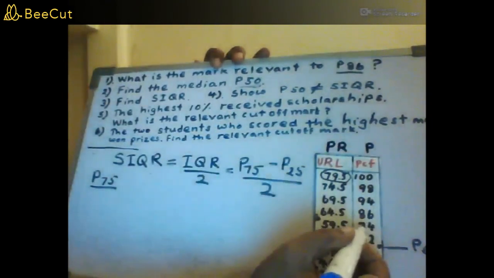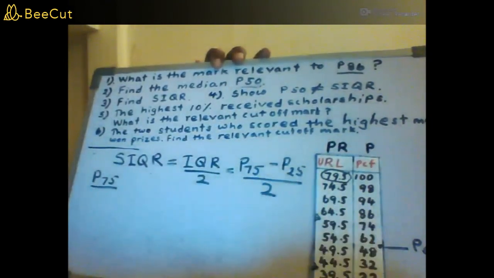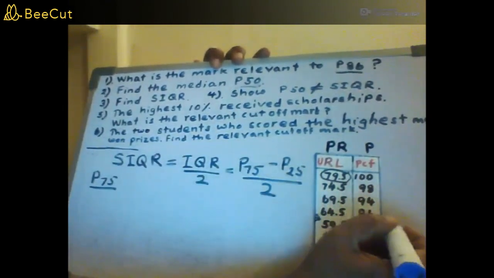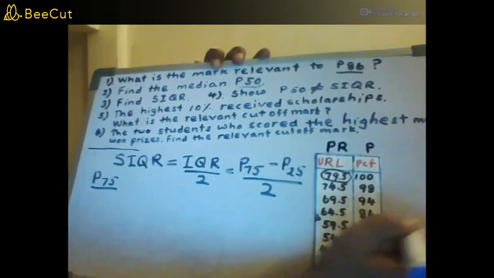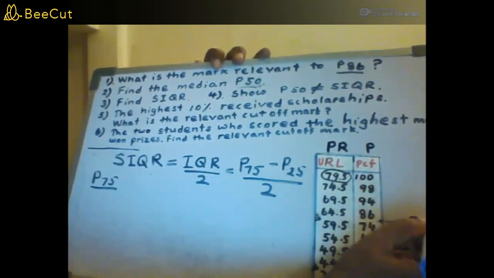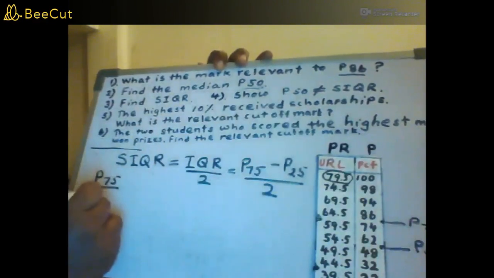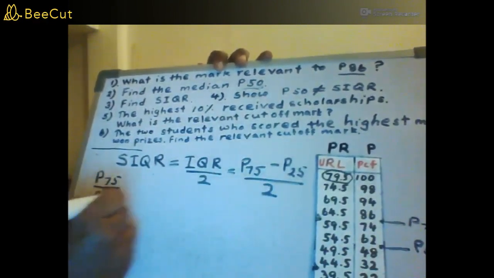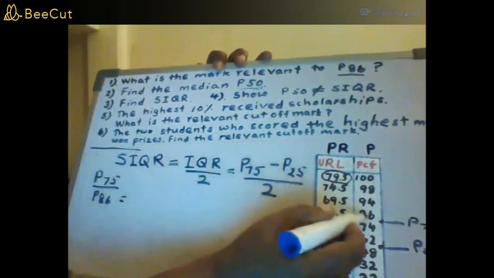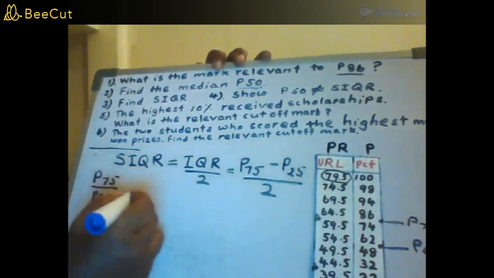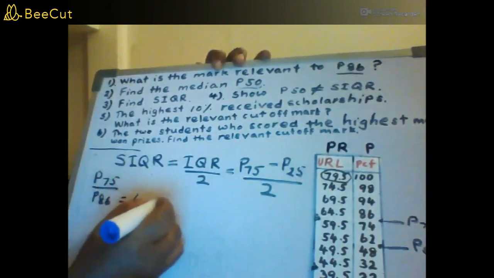74 is here, 86 is here. So in between is P75. So you'll have to write P86 equals, here the one above, 64.5.